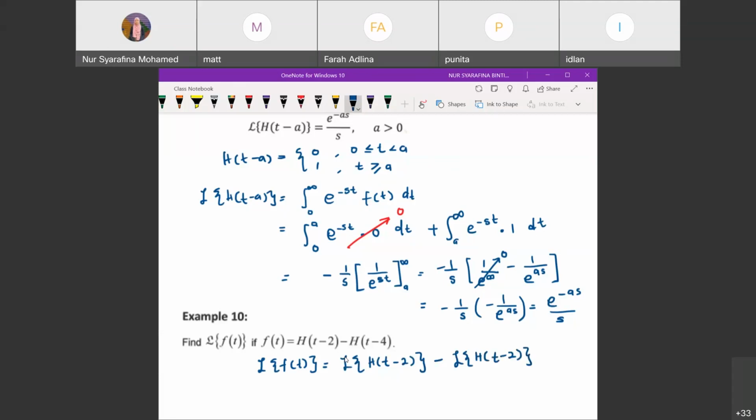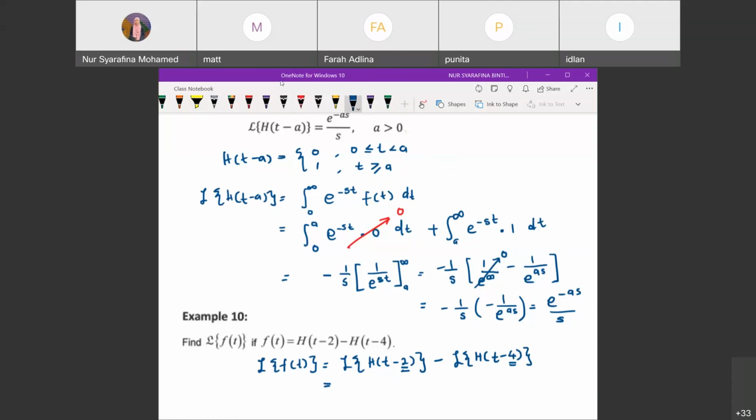So by the definition of transforming a unit step function, you know that your a equals 2 here. Sorry, this one is 4. And this one is 4. So transforming this, h(t minus a) becomes e to the negative as over s.